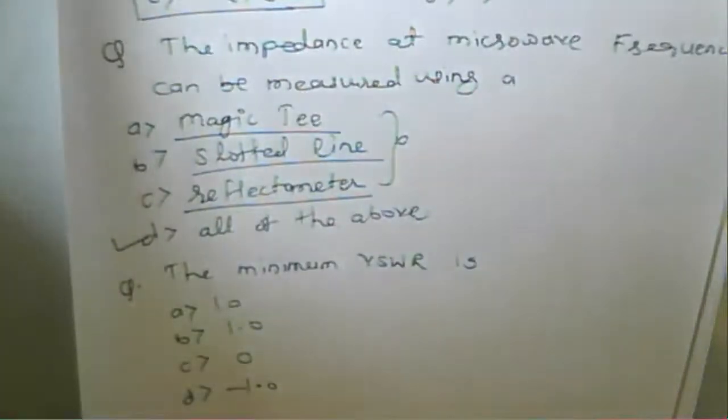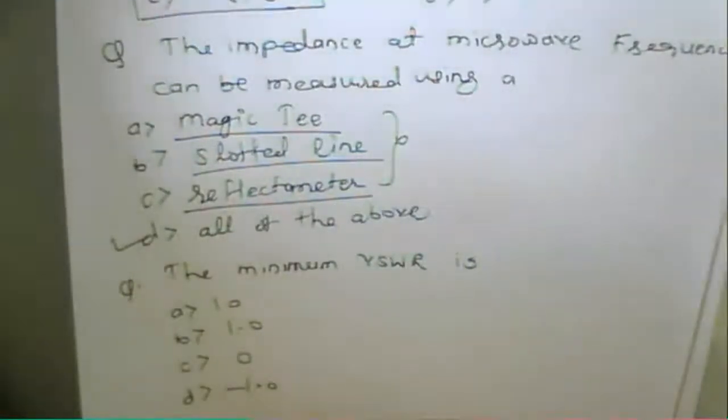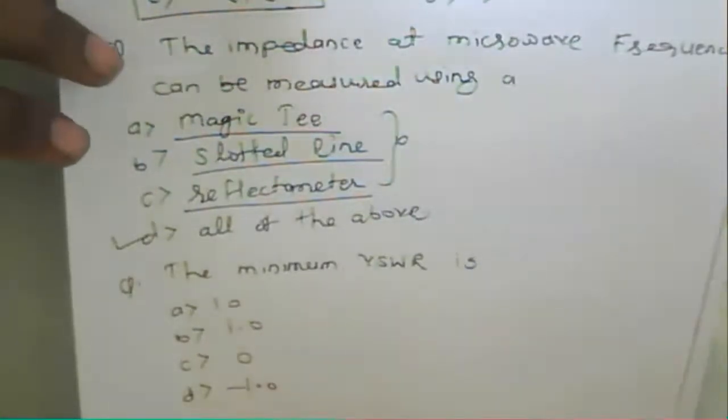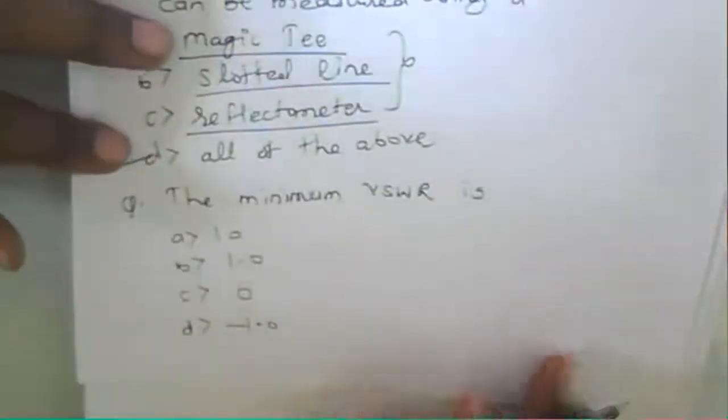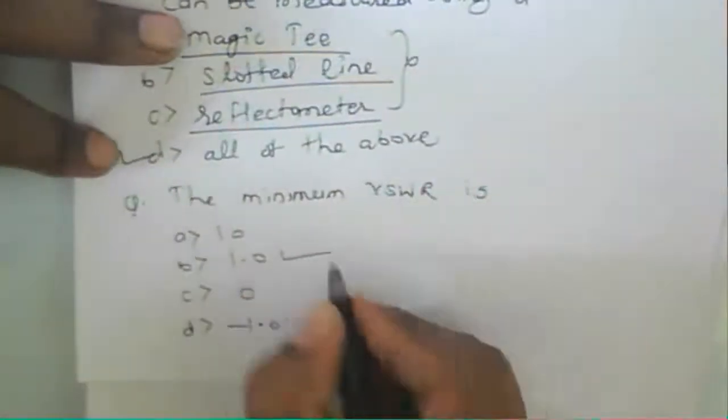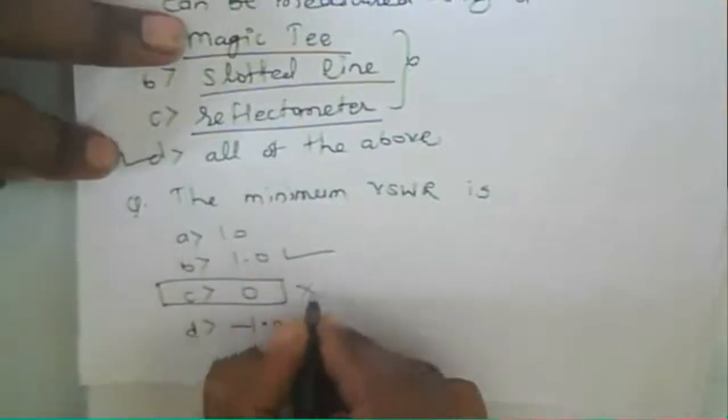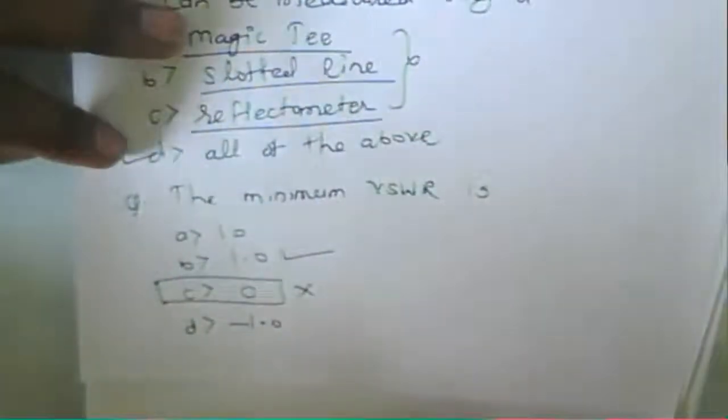All of you type your answer. The minimum VSWR. Only one person says B. Another says C. Okay, only two persons have given the answer.